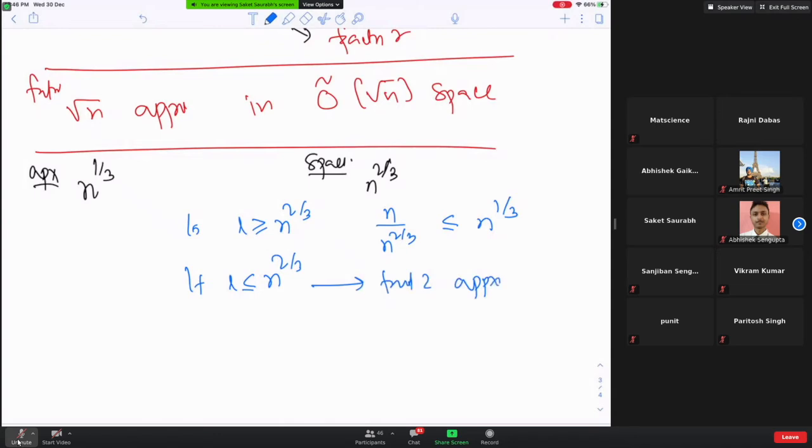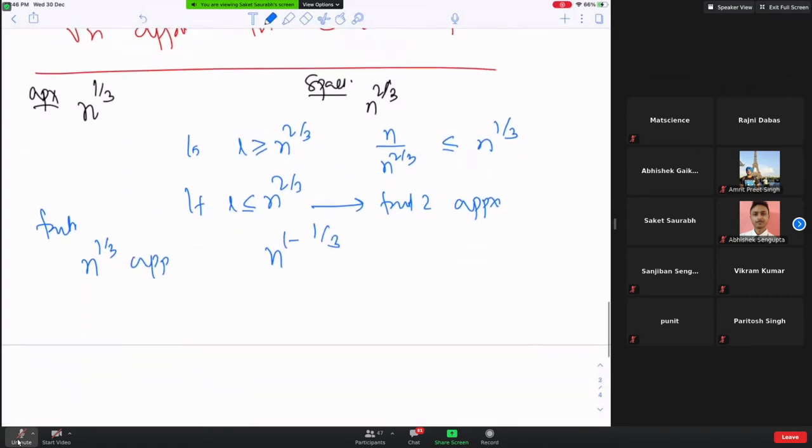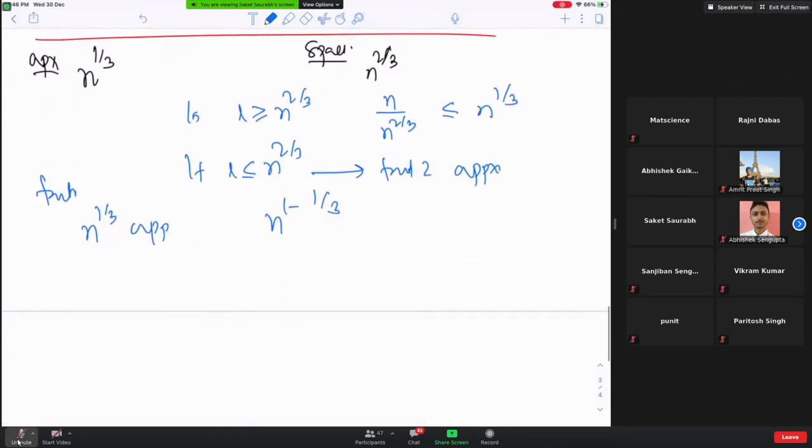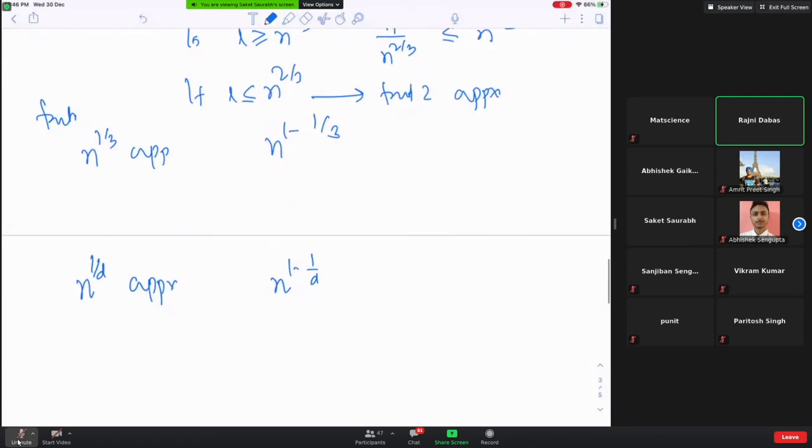So now we can get a factor n^(1/3) approximation, but the space allowed is n^(1-1/3). If you do this computation, you can come up with an n^(1/d) approximation, but the space will be n^(1-1/d). So if I substitute d equal to, say, 1 over log n, what will I get?